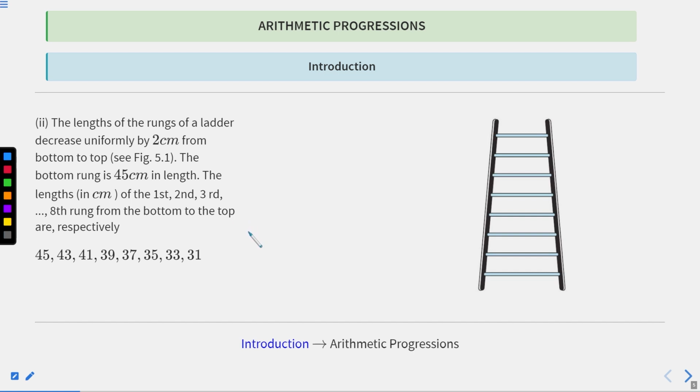Now we will discuss the next example. Here the lengths of the rungs of a ladder decrease uniformly by 2 centimeters from bottom to top. See figure 5.1.